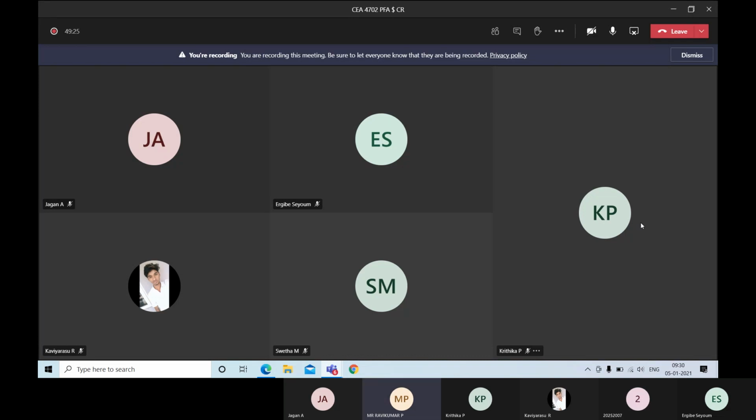So anyhow, you have to conduct this test also. This Teams platform is to be used even though you are having regular contact classes. We will utilize it for submitting the assignment and the MCQ.